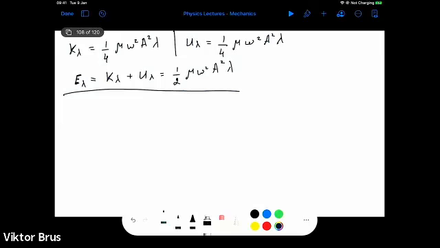By definition, we know that the wave travels along 1 wavelength during a time interval which is equal to the period of this wave. So all this energy E lambda, which is accumulated along 1 wavelength of the wave, will be transmitted through each element of the string per time interval which is equal to 1 period.